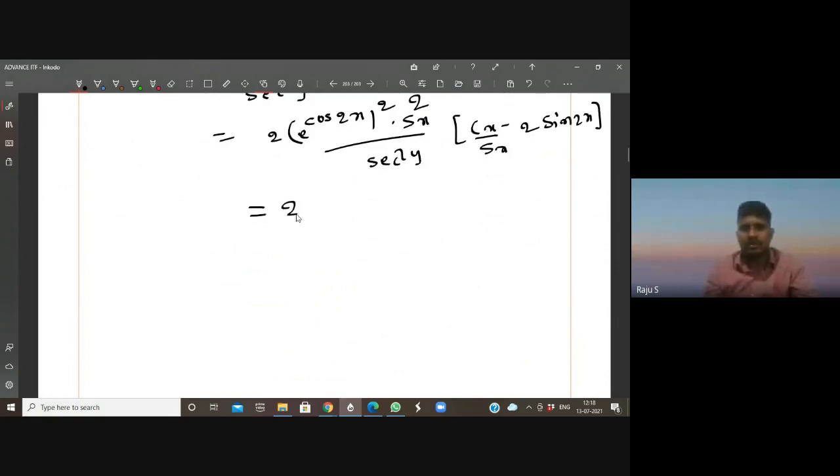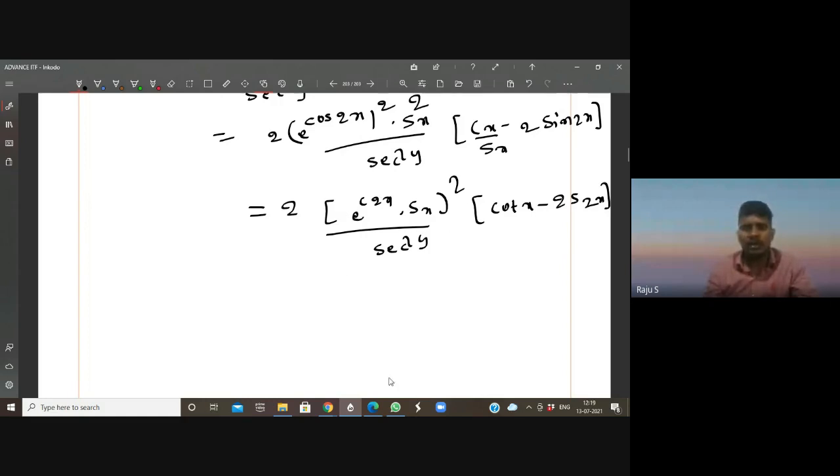What is the answer? 2 times e power cos 2x into sin x the whole square, by secant square y. 1 by secant square y is nothing but cos square y. So this is cot x minus 2 sin 2x.